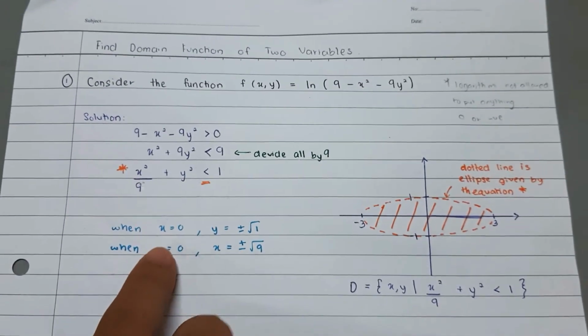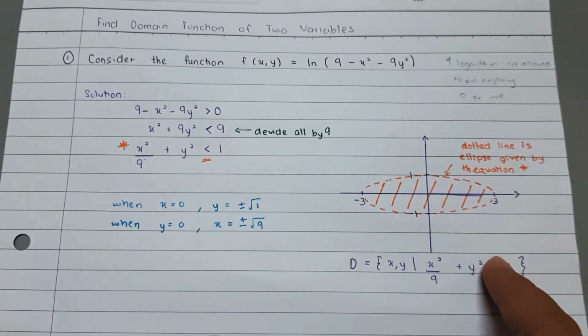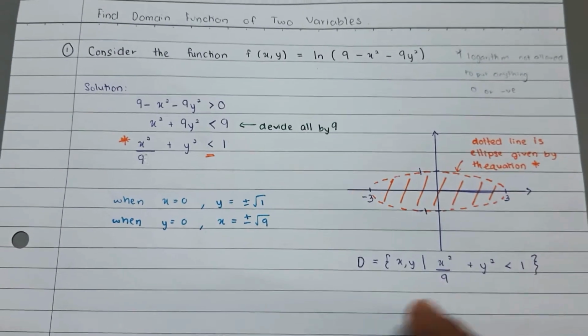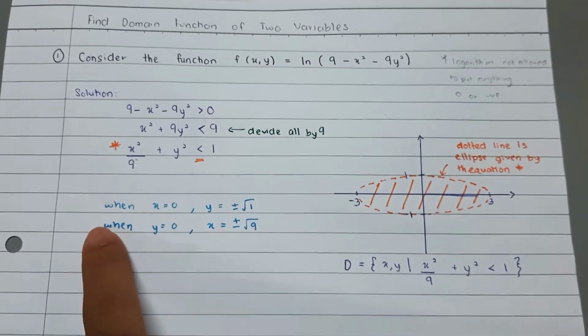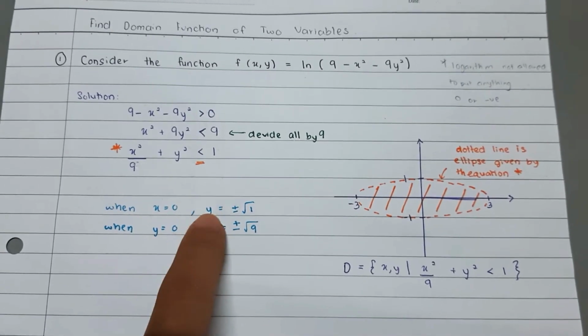So if we want to make the graph, we must know what is the value of x and what is the value of y. So when we put x as 0, we can get the y value.